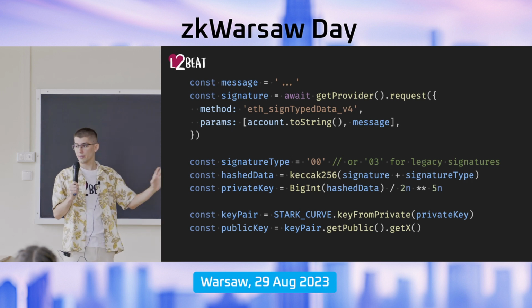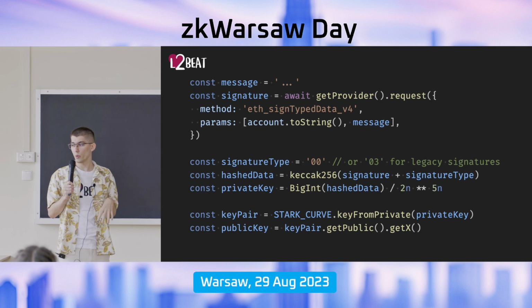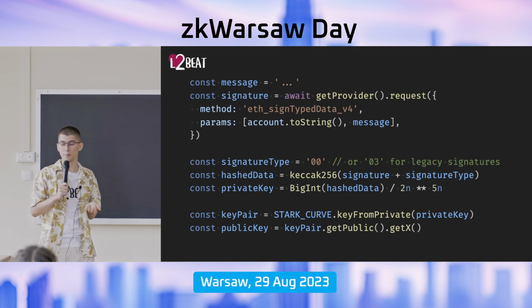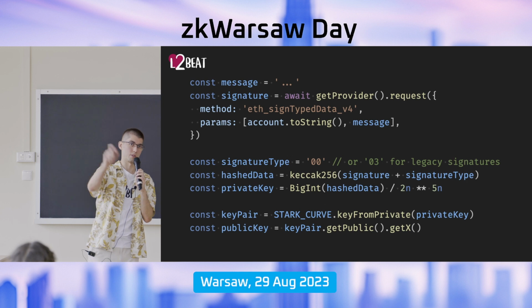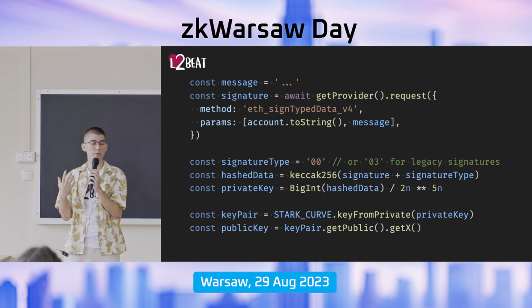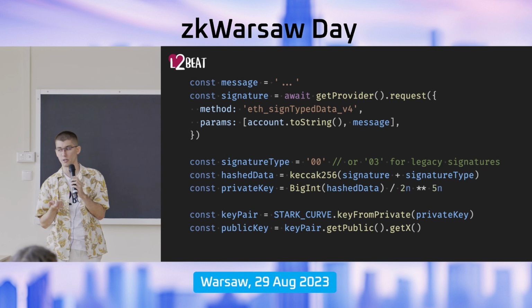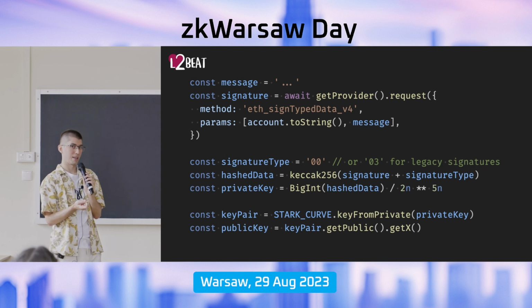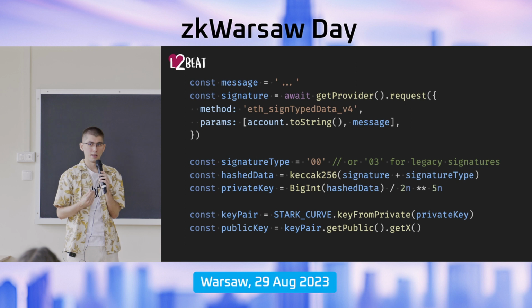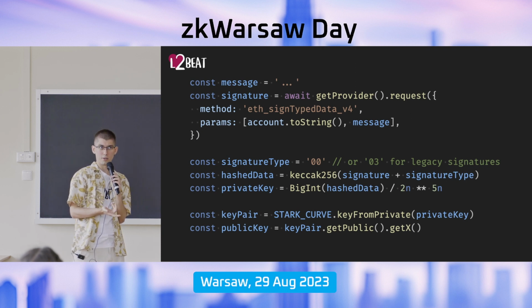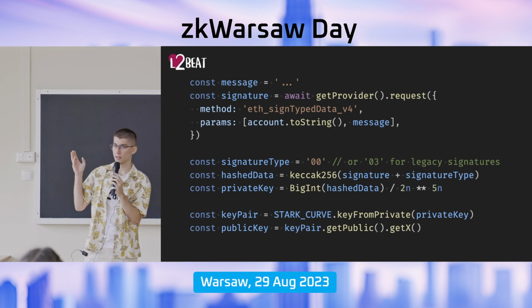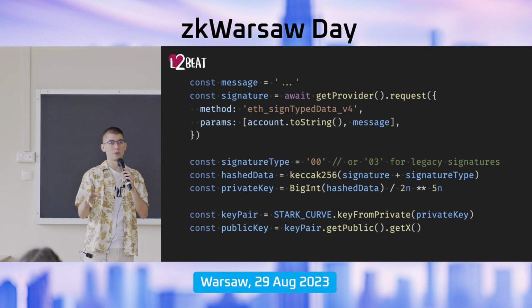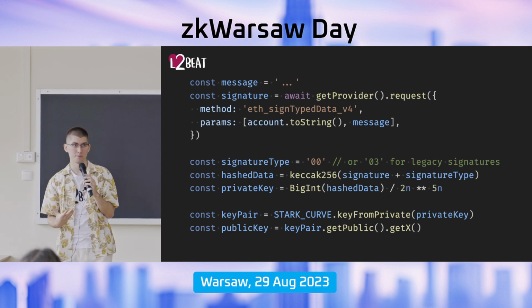Now, the next thing we do is the provider request to sign the message. This line just pops up MetaMask, right? And the await means that the value is only returned when the user presses sign. So now we've got the signature, but actually the Ethereum signatures are 64 bytes long. I think that's the right number, but the key derivation algorithm expects 65 bytes for the signature.